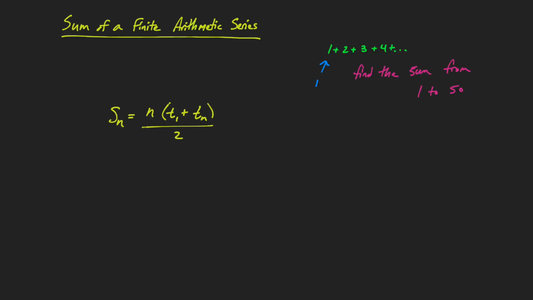So let's plug this in really quick and see what we end up getting. We're going to get the sum, Sn, where n is the number of terms in your series, so it's going to be 50 terms, divided by 2, with your first term in parentheses, 1 plus 50.